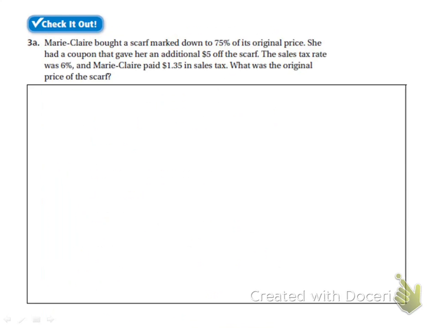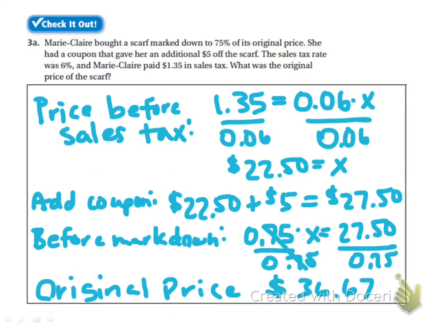Okay, I'd like you to check it out 3A on your own. Pause the video. Okay, so Marie Claire bought a scarf that was 70% off the original price, and she had a coupon that gave her an additional $5 off the scarf, and the sales tax rate was 6%. So Marie Claire paid $1.35 in sales tax. So to find the original price, we had to work backwards. First, by doing the sales tax, since that's the last thing added on.